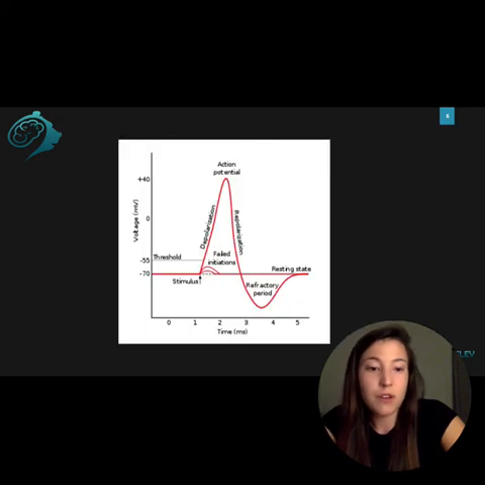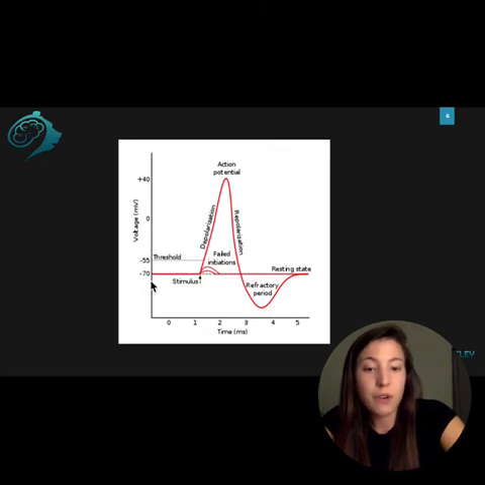So we are going to walk through this chart, which you'll see a lot in studying the action potential, and we can break it down into three phases. We have the rising phase, the falling phase, and the refractory period.